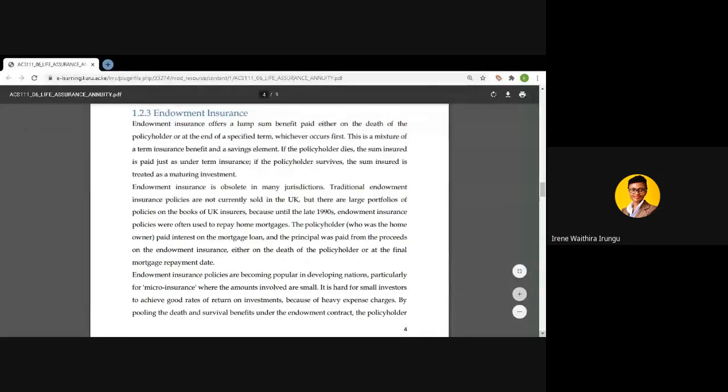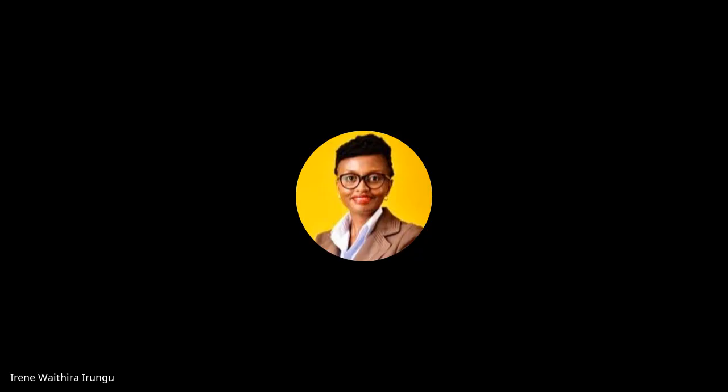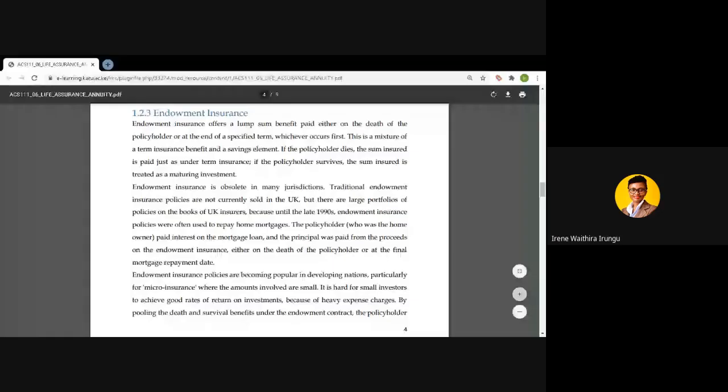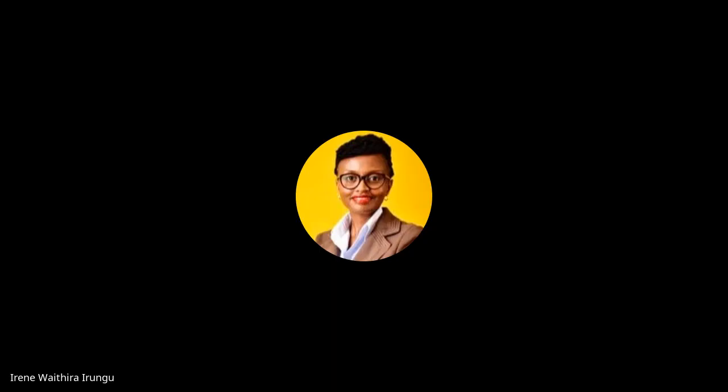So we also have a modification to this, what we call the pure endowment assurance. And with the pure endowment, it only offers the survival benefits. It offers a lump sum benefit that is payable at the end of the specified term, so that we can now regard an endowment assurance to be a combination of a term assurance and a pure endowment assurance type of contract.